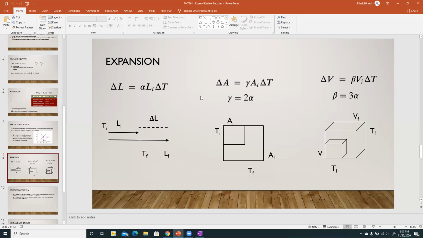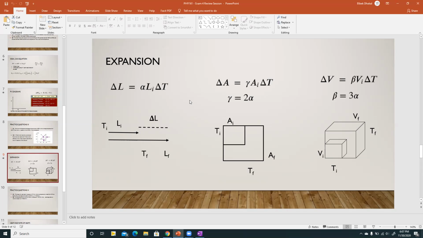Sometimes in higher physics problems, the professor asks what the Young's modulus is if you change the temperature of a rod or something like that. So a problem could be like this as well.